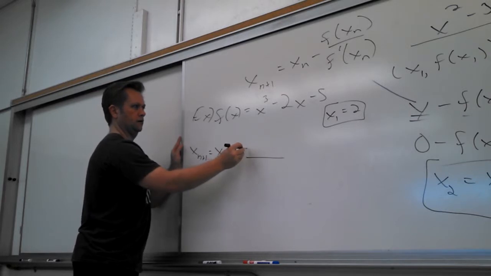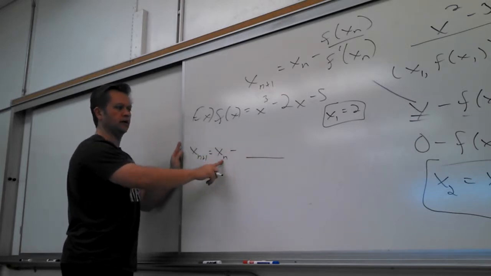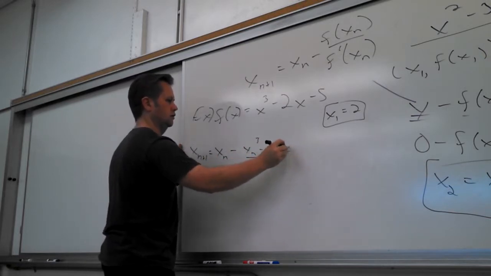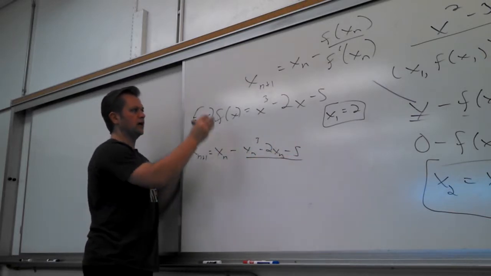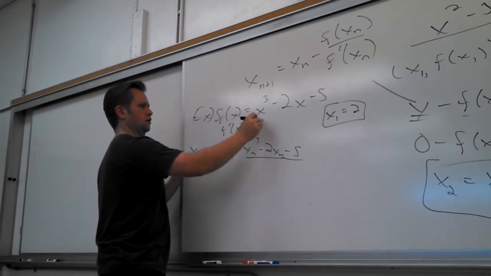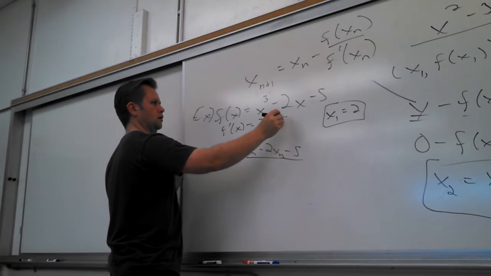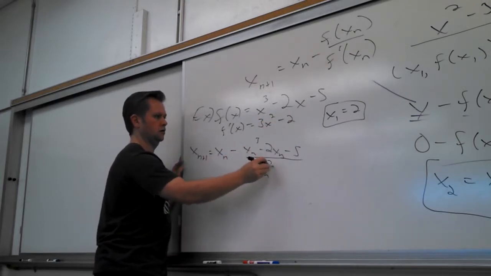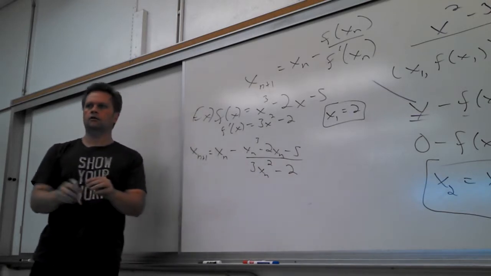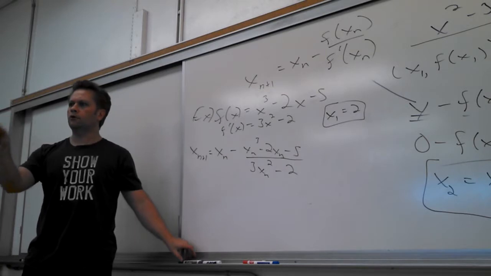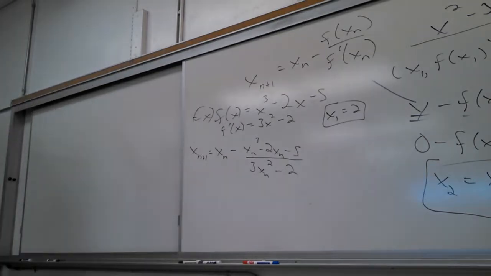It'll be xn cubed minus 2xn minus 5. And what's f prime of x? 3x squared minus 2. So what's f prime of xn? 3xn squared minus 2. Alright, now let me show you something really nice, so that you don't have to do a lot of work over and over by hand.